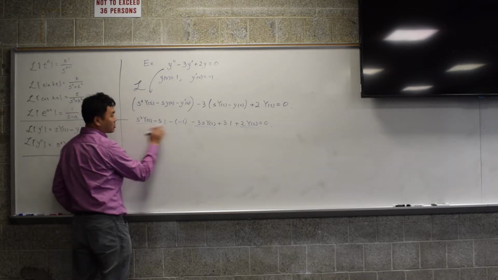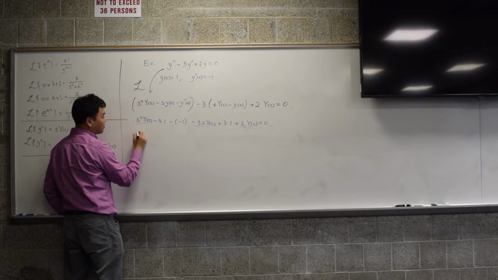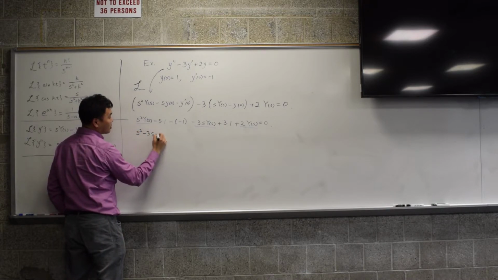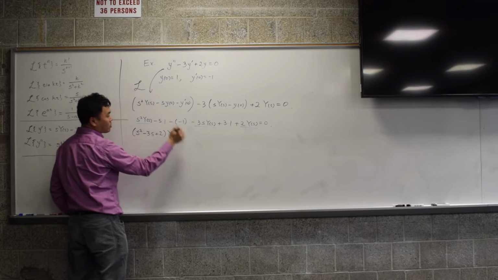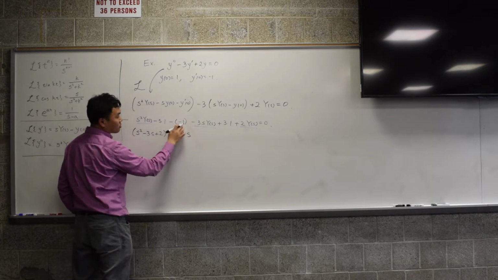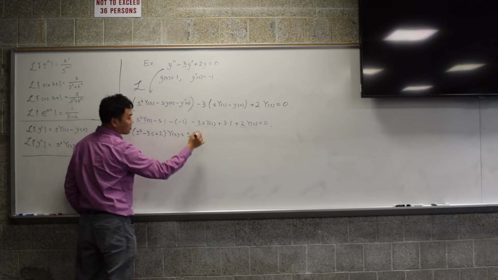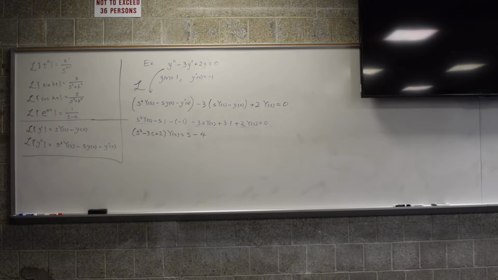So I'm going to collect these three and factor the y of s out, which leaves you with s squared minus 3s plus 2 times y of s equal to, s goes to the other side. This is plus 1 plus 3. 3 plus 1 is 4, but when you bring it to the other side, it's minus 4. Okay?